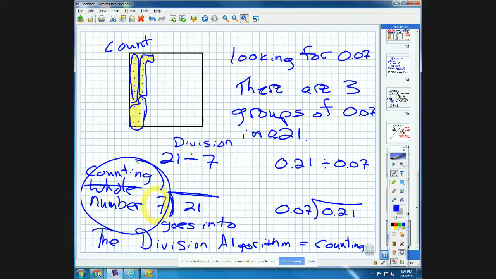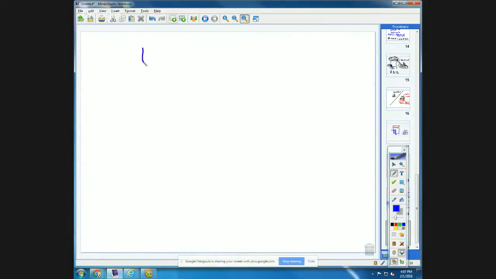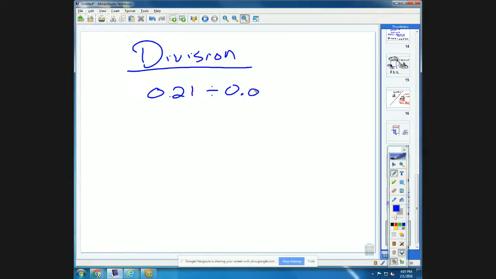Yeah, but you have to focus very, very hard to keep it straight. So, as far as division goes, I started off with 0.21 divided by 0.07.